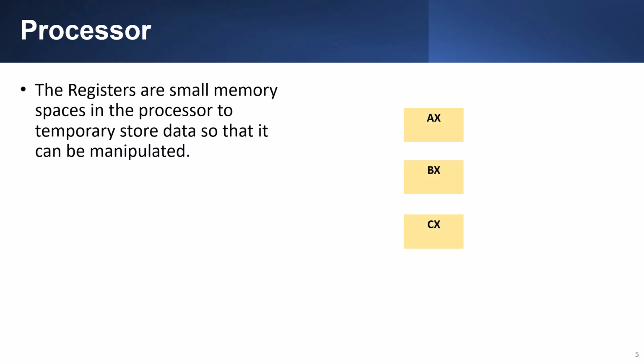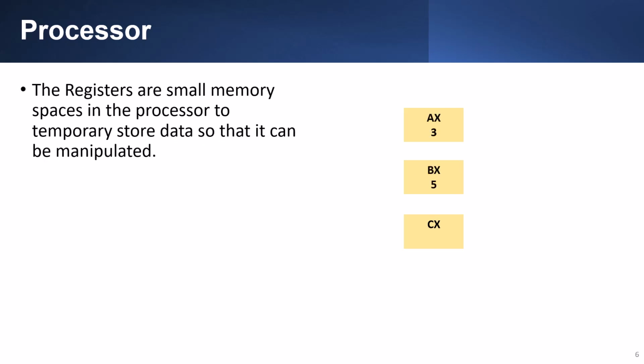For example, you may have two registers called AX and BX. Step 1, you first move the number 3 into AX, and then step 2, move the number 5 to BX. Of course, the 3 and 5 are written in binary number consisting of on and off signals.